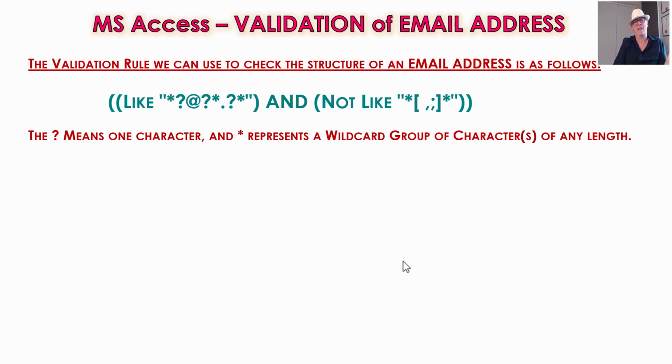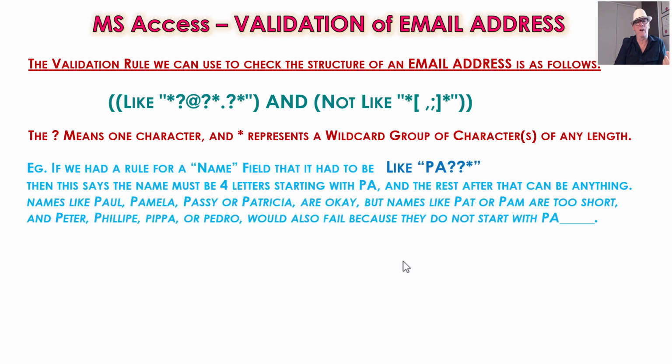Everyone just always Googles Access Email Validation Rule, finds this on the internet and copies and pastes it into that validation rule property in Access, right? You don't have to understand it. But let's just look at this simpler example. If we had the rule as like PA, then we've got question mark, star. What that's saying is that the name must be 4 letters and it's got to start with PA, and then the rest after those 4 letters we've got.